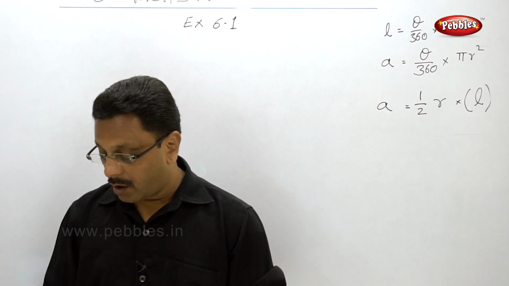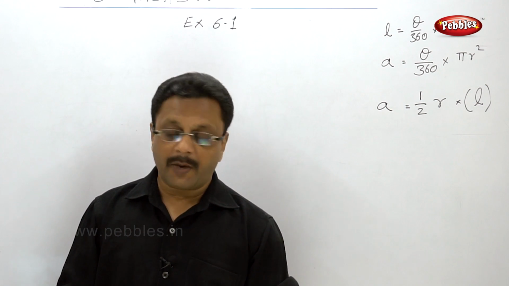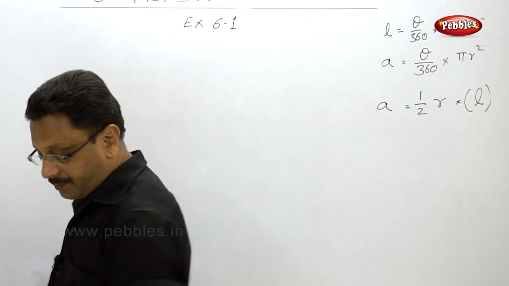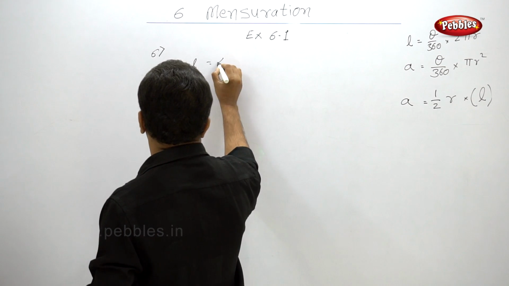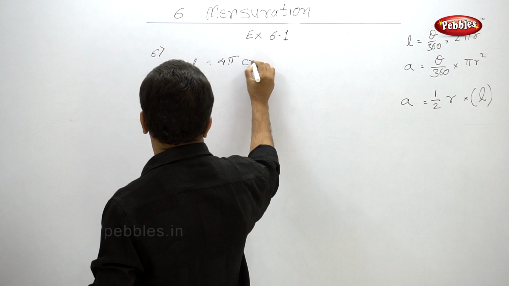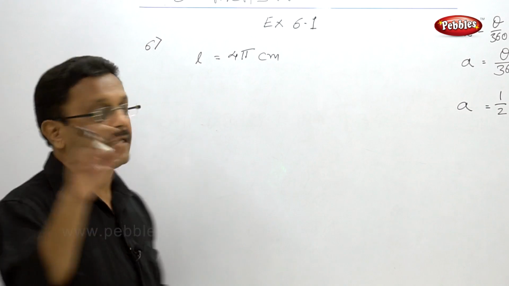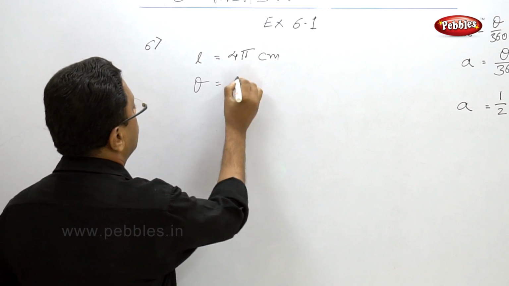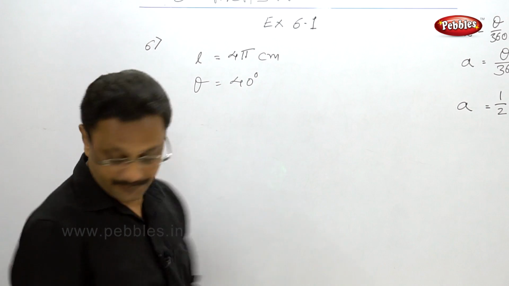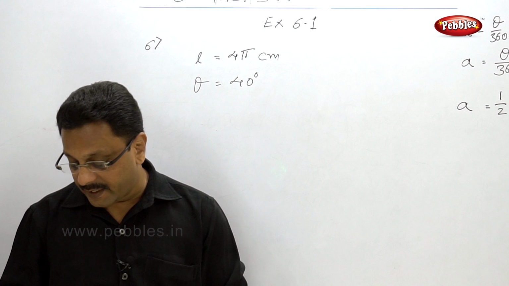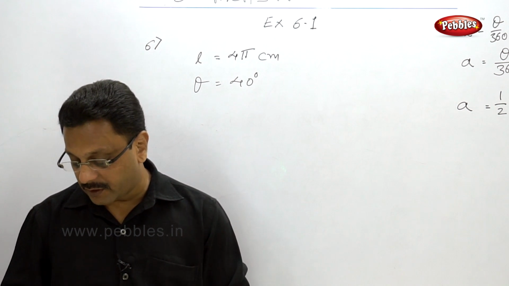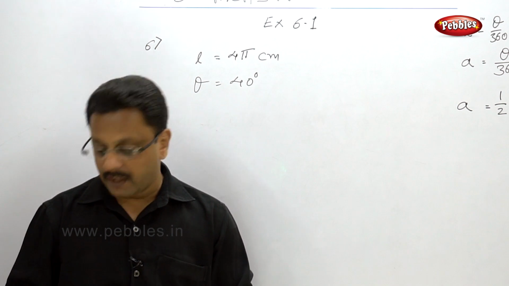An arc of length 4 pi centimeters, L is given, is equal to 4 pi centimeters, subtended an angle of 40 degrees at the center. So your theta is equal to 40 degrees. Find the radius and the area of the sector formed by this arc.